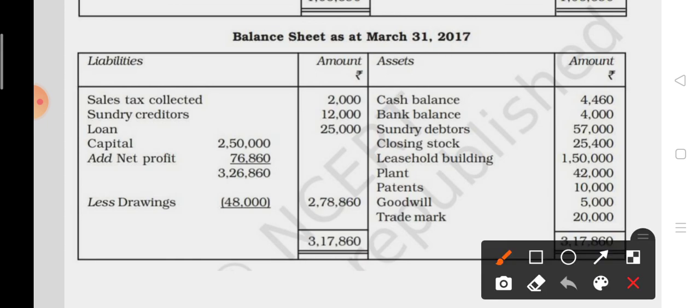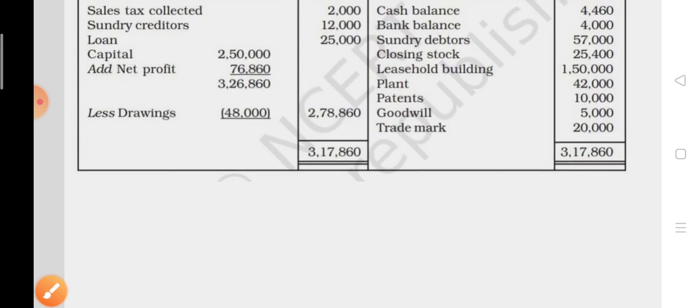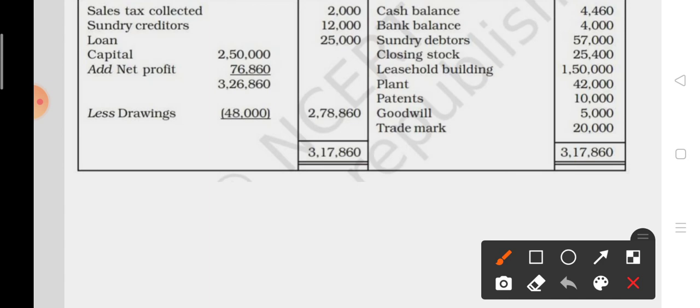Now you can check total of assets and total of liabilities, whether both are equal or not. If both are equal, it means your question is correct. If both are not equal, it means there is some problem in some account.